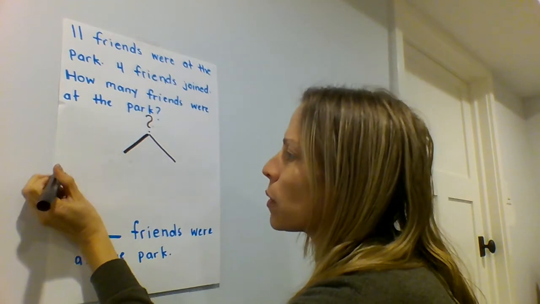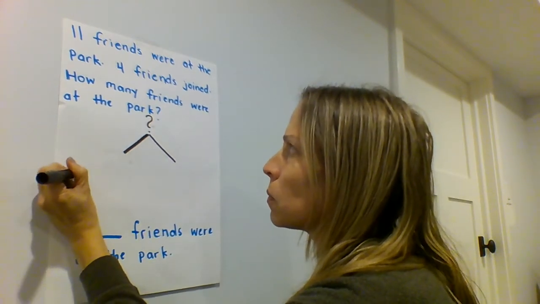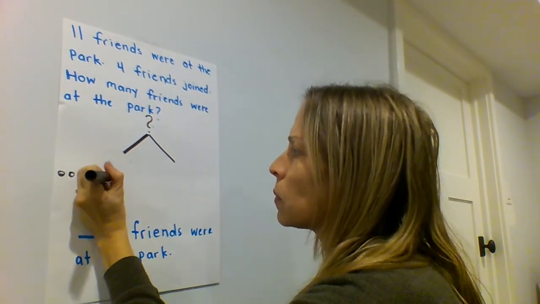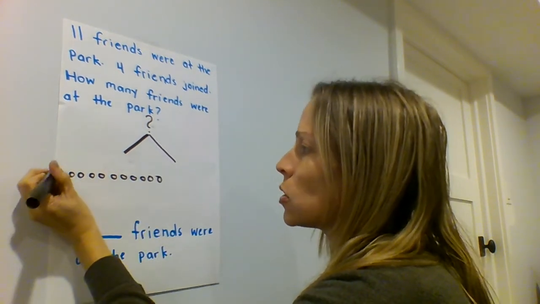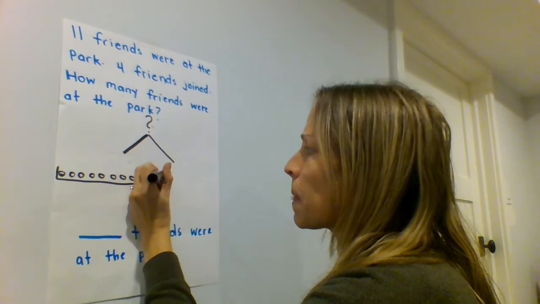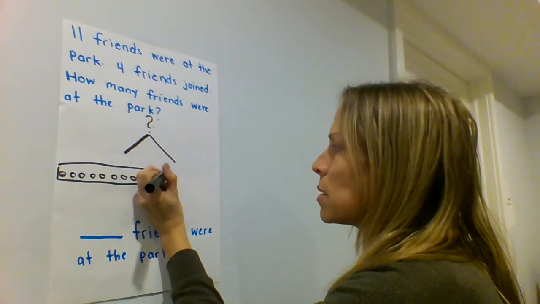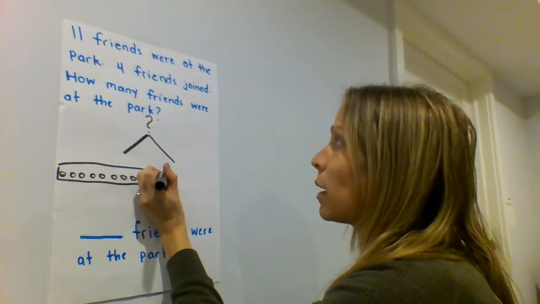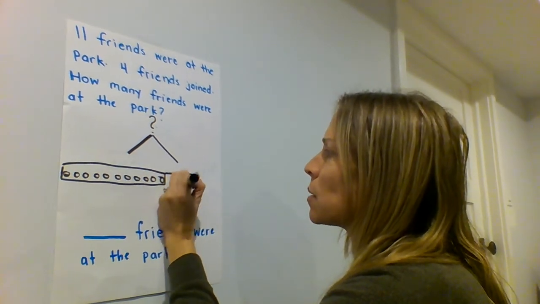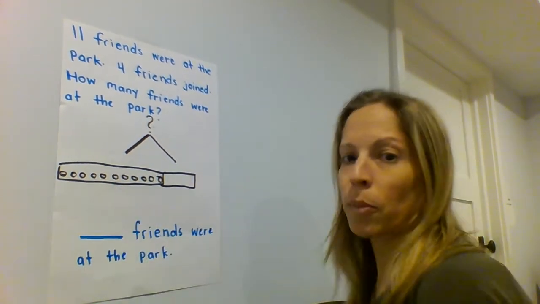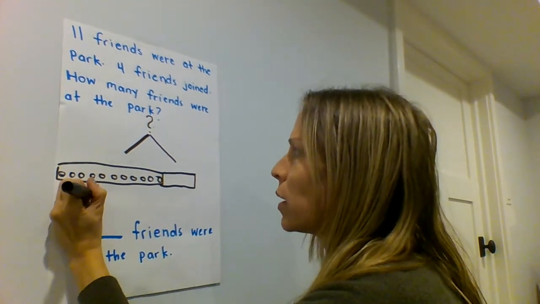11 friends were at the park. And to make a tape diagram, you could put a box around it. Now I need to make another part. That part has 4 friends. So again, it's going to be smaller than this bigger part. So here I have 11.